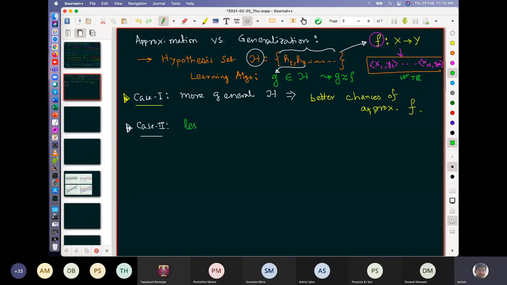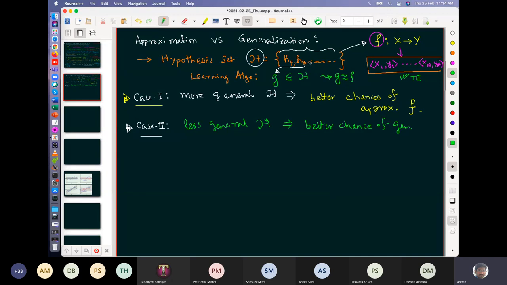So instead, if we have a less general hypothesis set, then I have a better chance of generalizing, because if this set is shallow, if this set is small, then finding the best element from this set is much easier.